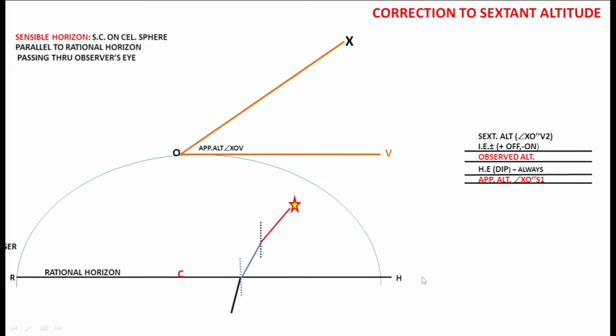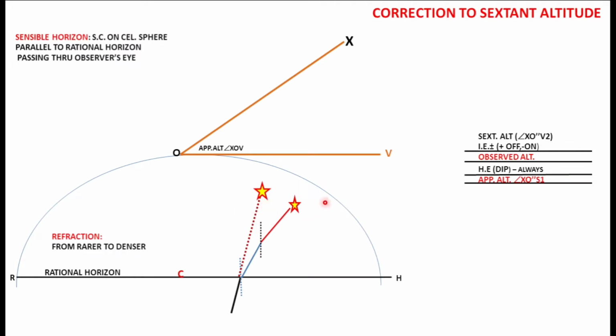Now we know that a ray of light, when passing from one medium to another, suffers a refraction, that is, it turns towards the normal or away from the normal. In this case, the rays of light are coming from the rarer to the denser medium, so they keep on turning towards the normal. And ultimately, what the observer sees is here.